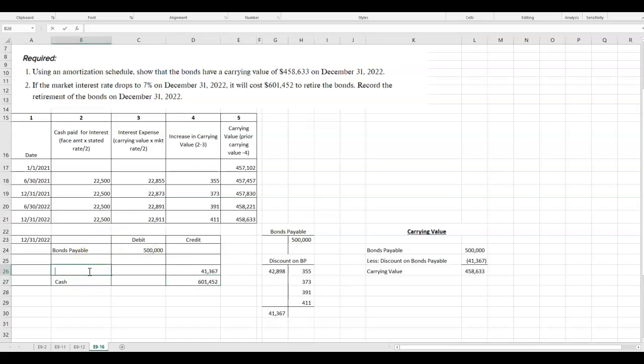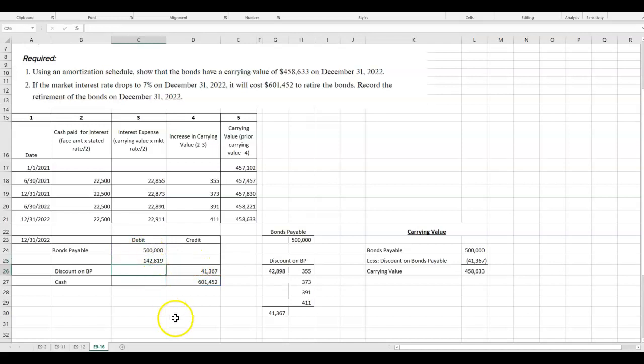So we're going to credit discount on bonds payable. Well, it doesn't equal. The difference is 601,452 plus 41,367 minus 500,000.